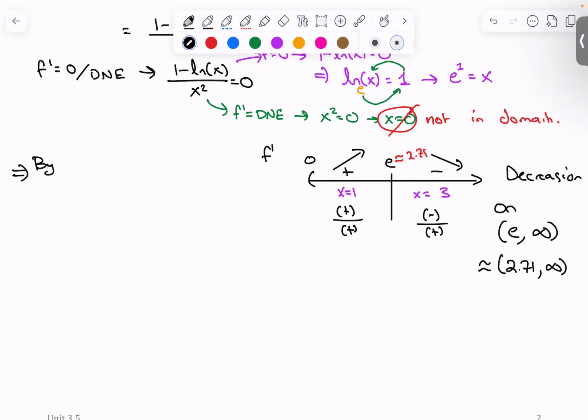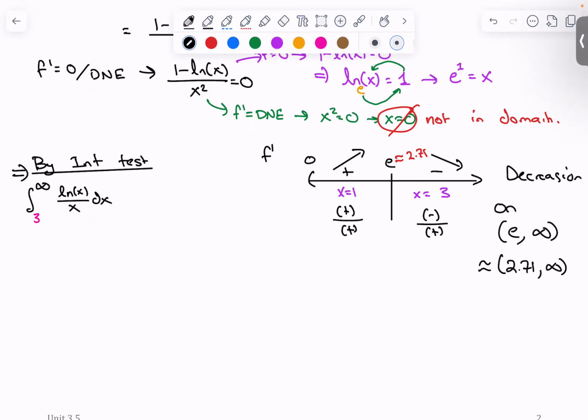So by the integral test, the integral from 3 to infinity of ln x over x dx. I'm doing 3 because I'm not decreasing at 2.